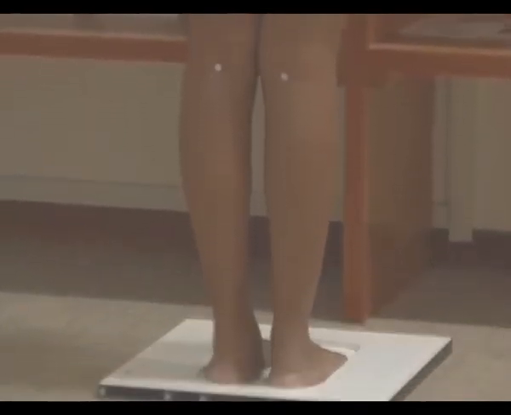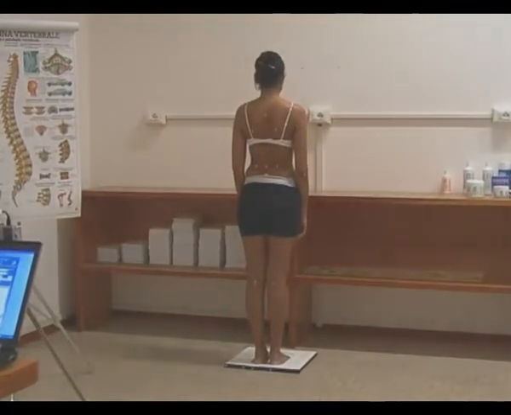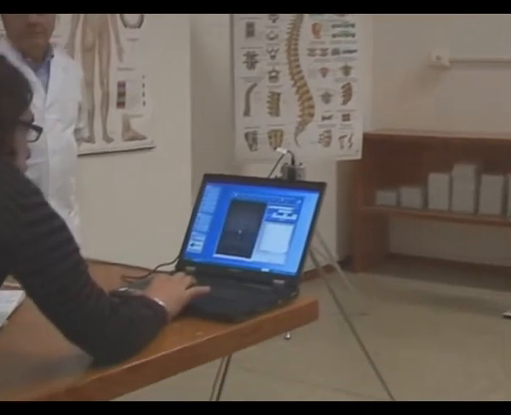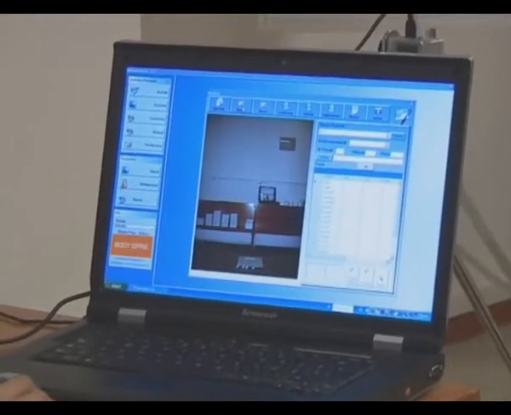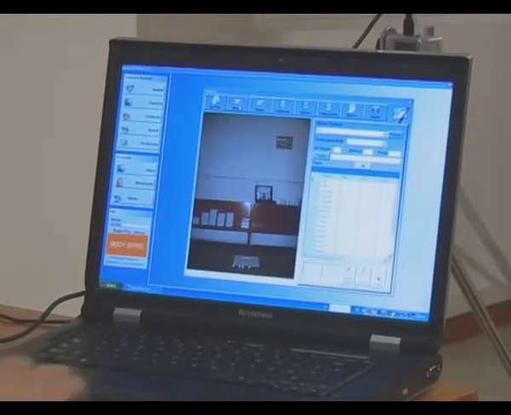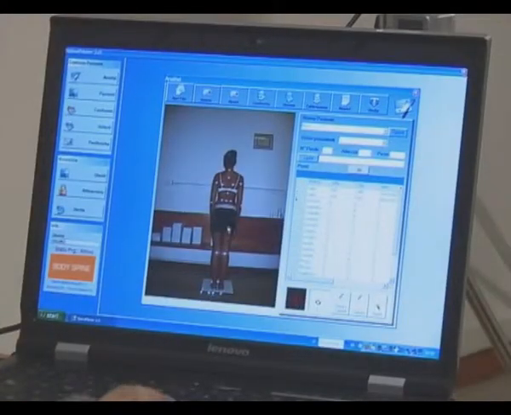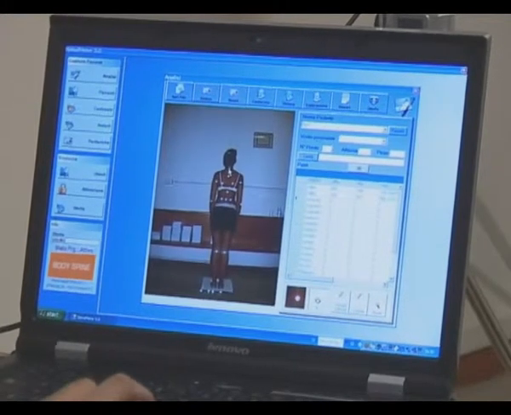Once the markers have been positioned, the picture can be obtained and processed immediately. The points revealed in the digital image are assigned in order to carry out the various measurements.